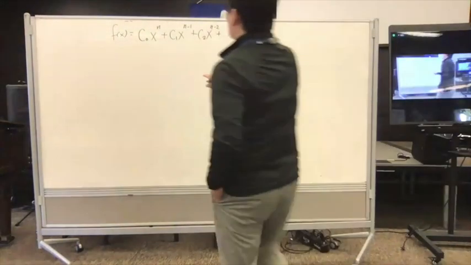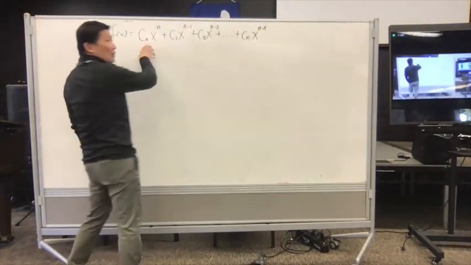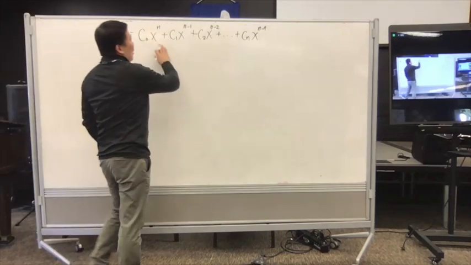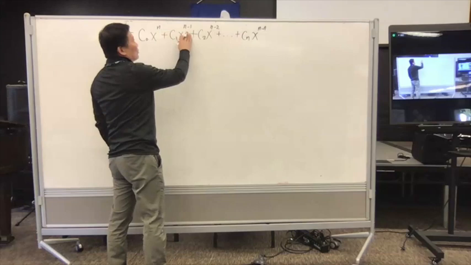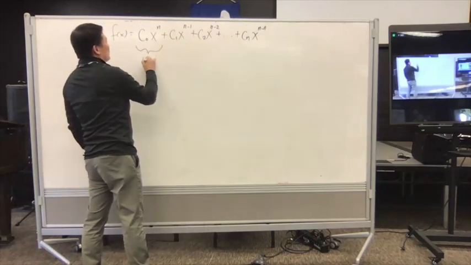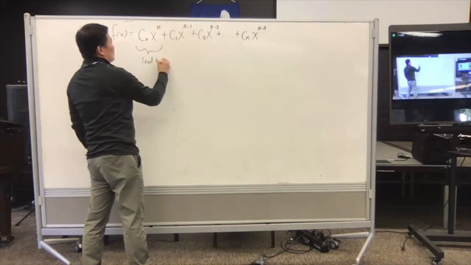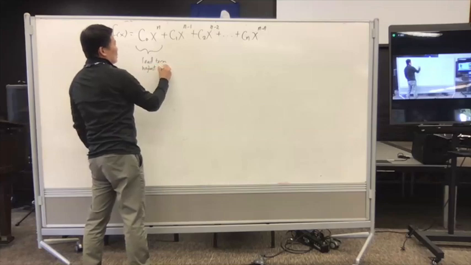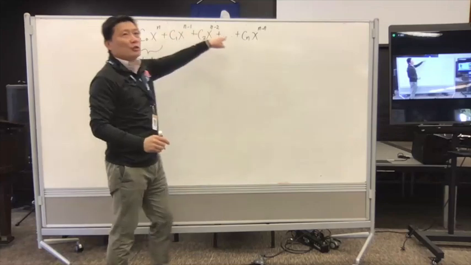This 0 is basically always called the initial term, to the n power, and then this power gets smaller and smaller. So this is what we call the lead term, the term with the highest power. And the power gets reduced, right?